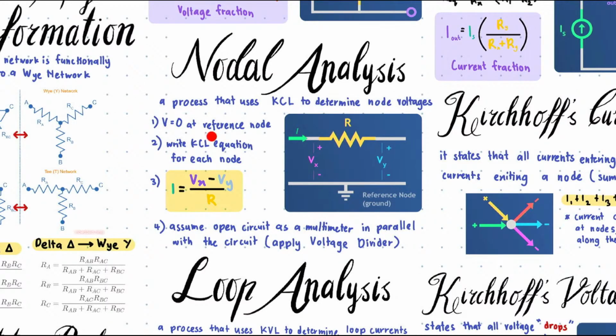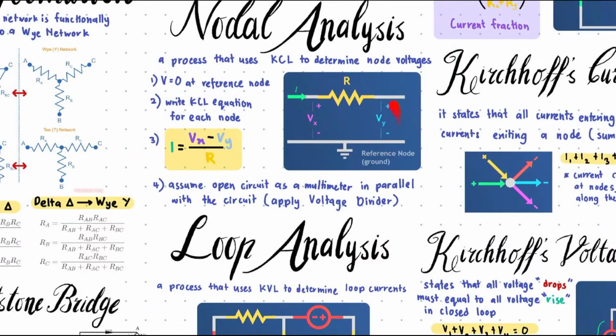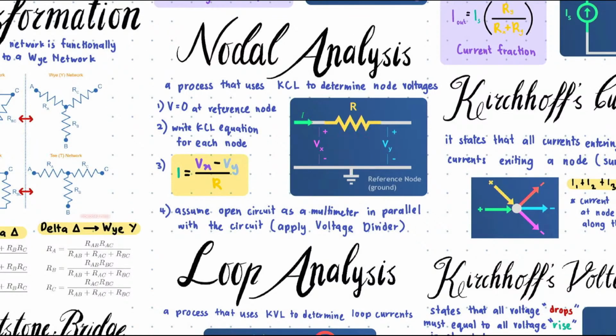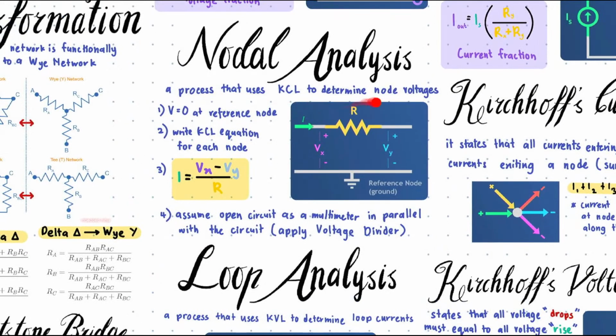So we write a KCL equation for each node. I equals Vx minus Vy over R. So this is the R, this is the Vx, and this is the Vy. So yeah, this is to find the internal current inside this loop. There will be a lot of loops. So this is the nodal analysis.